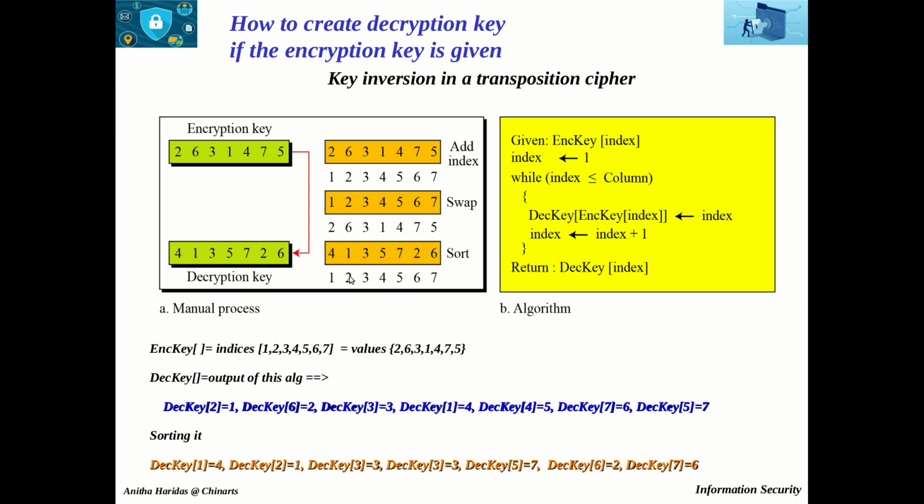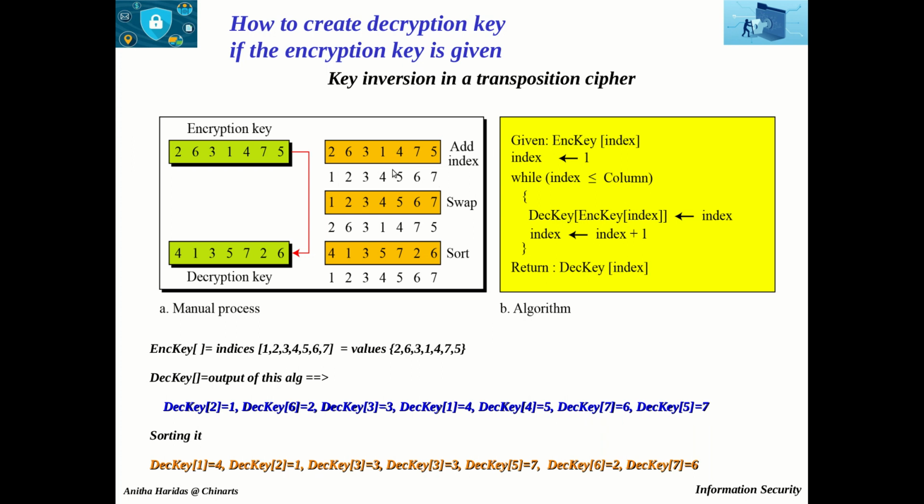So please note, this is the manual process, and for this manual process we are writing a simple algorithm here. To create a decryption key, if the encryption key is given, we create a pair of the encryption key and the indices. So these are the indices of the encryption key.